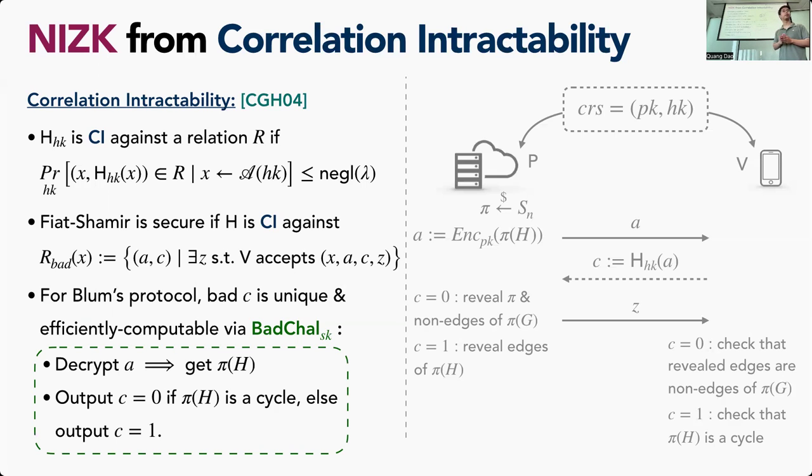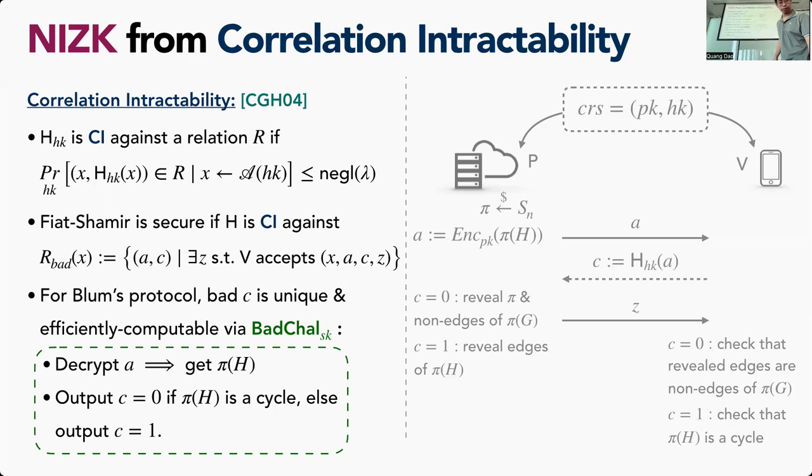So in that case, even if the graph indeed has a Hamiltonian cycle, probably the prover doesn't know about it. So it's going to fail, because if C equals 1 here, it's just going to reveal everything, and then the verifier is going to see that the prover did not commit to a cycle, and then it's going to reject. Mhm.